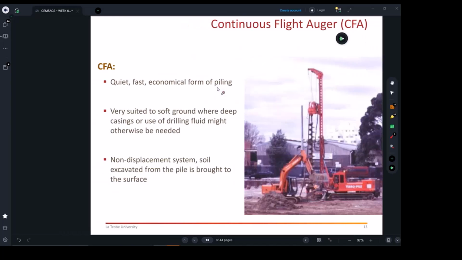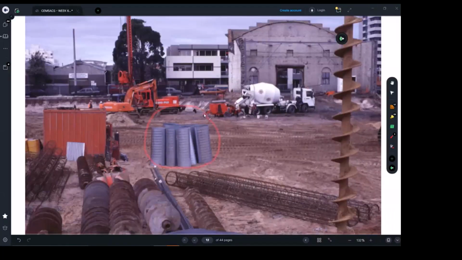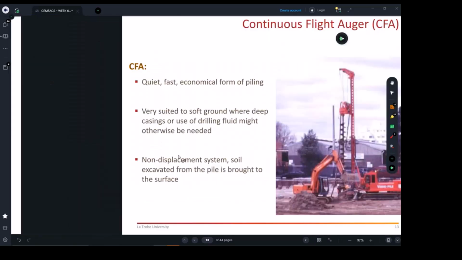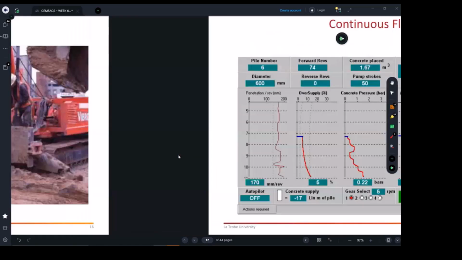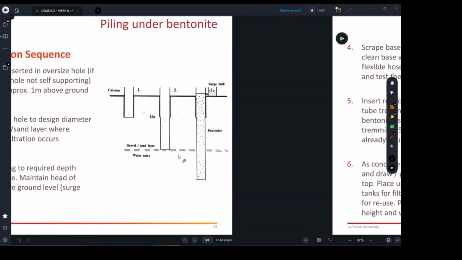Usually the top layer of the soil will require these kinds of temporary propping techniques. Usually the first layer, 1 meter or 1.5, will require some sort of propping, and they will be installed first. That's the first step we have there.